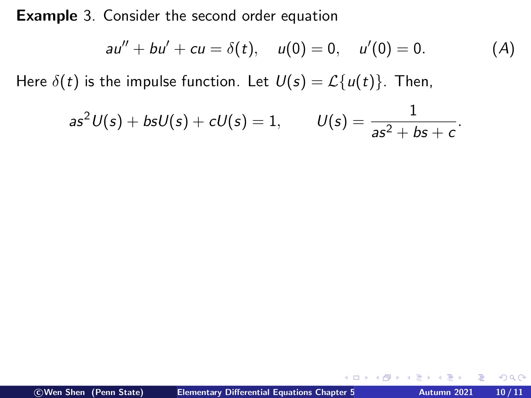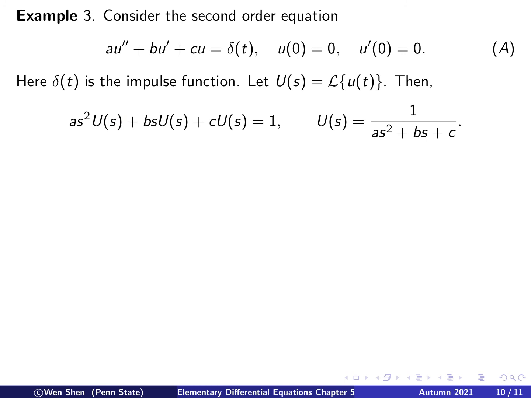So we can take the Laplace transform of both sides. Let capital U of s be the Laplace transform of little u of t. Then we'll have a times s squared for the double derivative, U, plus b times s for the first derivative, U, plus c times U equal to the Laplace transform of delta, which is 1.